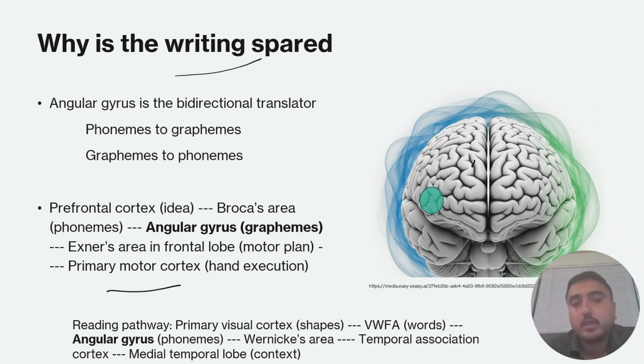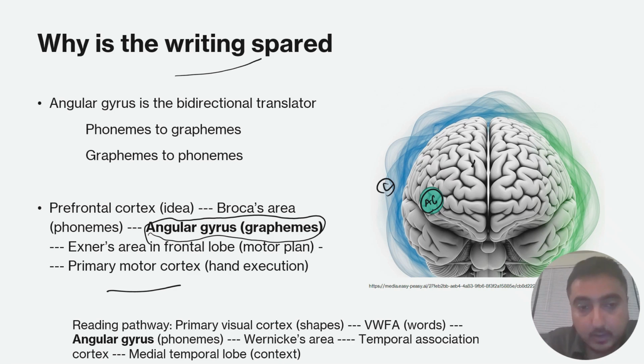All right. And by the way, do you guys know what would happen if you have a lesion in the angular gyrus? So if you have a lesion in the angular gyrus on the left side, so that is the dominant hemisphere, you would lose the ability to write as well as read, because angular gyrus is involved in the reading pathway as well as the writing pathway.